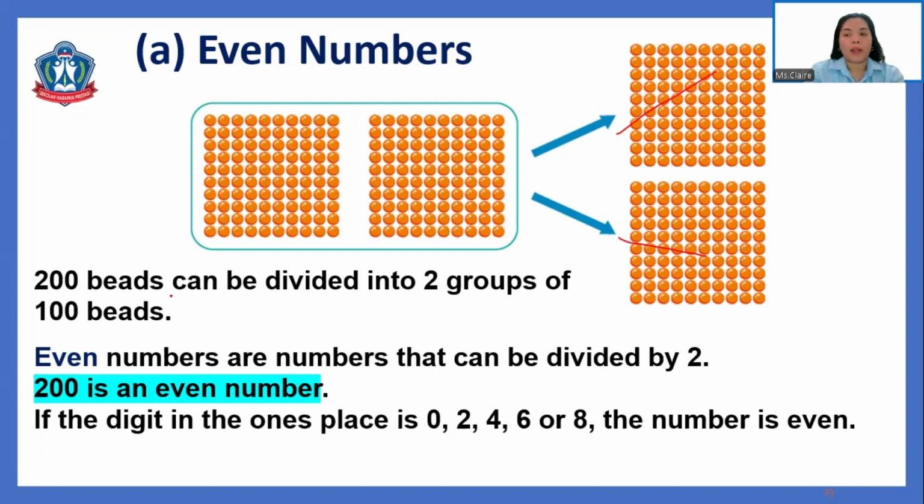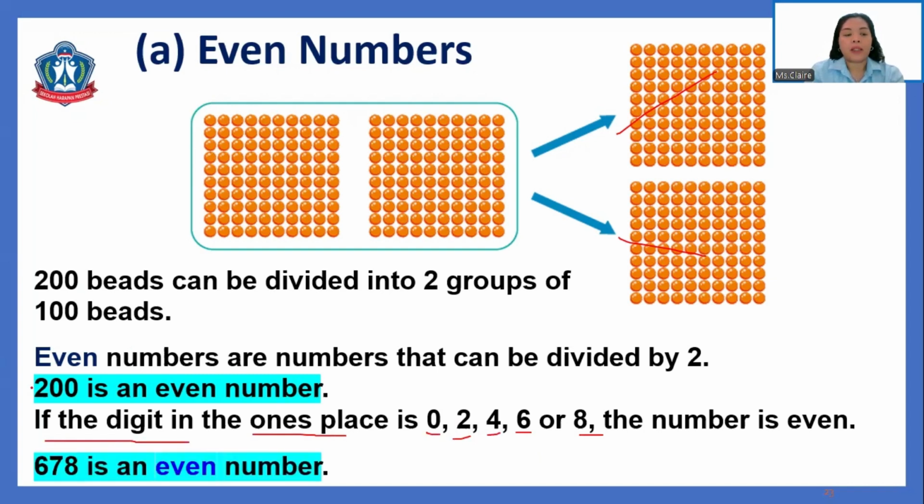Without counting, children, we can identify if a number is an even number. If the digit in the ones place is 0, 2, 4, 6, or 8, the number is even. 678 is an even number.